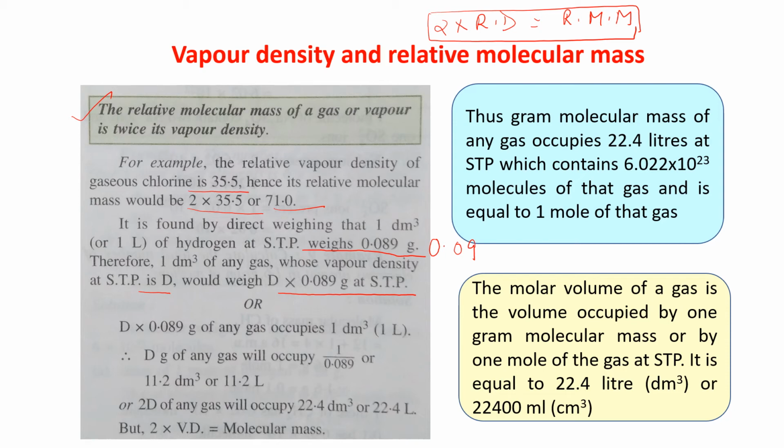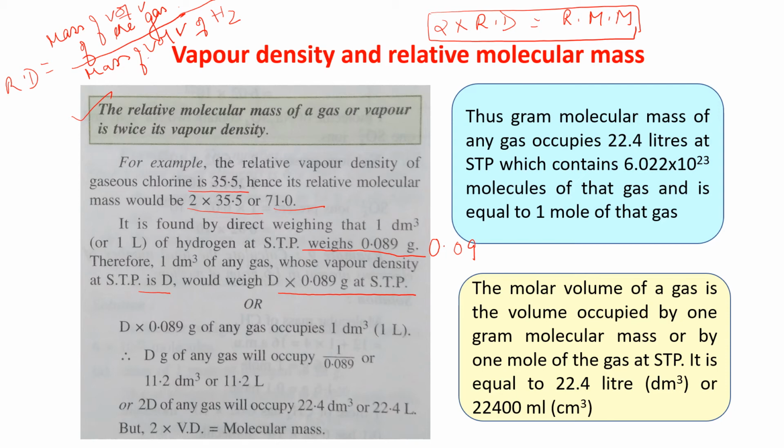The formula is relative density is equal to mass of volume V of the gas under similar condition divided by mass of volume V of hydrogen gas, H2, under similar condition.